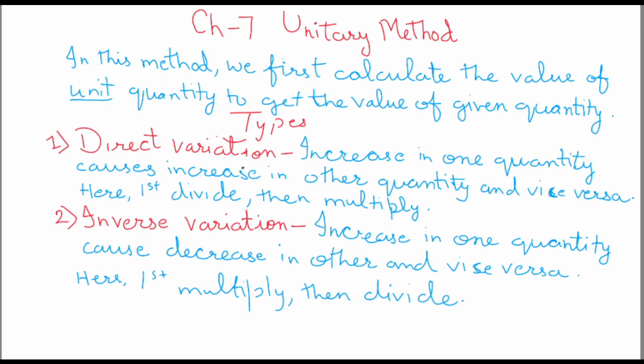What is the difference between both of them? When an increase in one quantity causes an increase in the other quantity, and vice versa, meaning if one quantity is increasing the other is also increasing, and if it is decreasing the other is also decreasing, if that variation is there in the question, that is called direct variation.